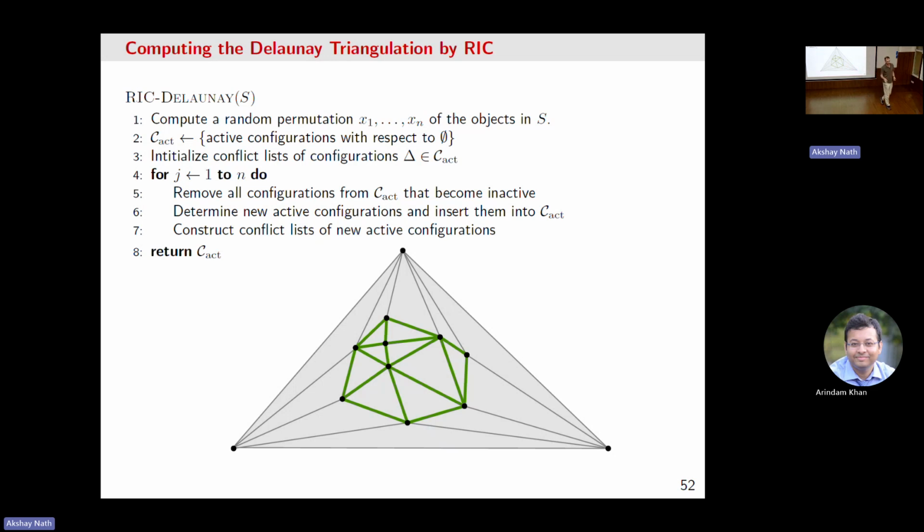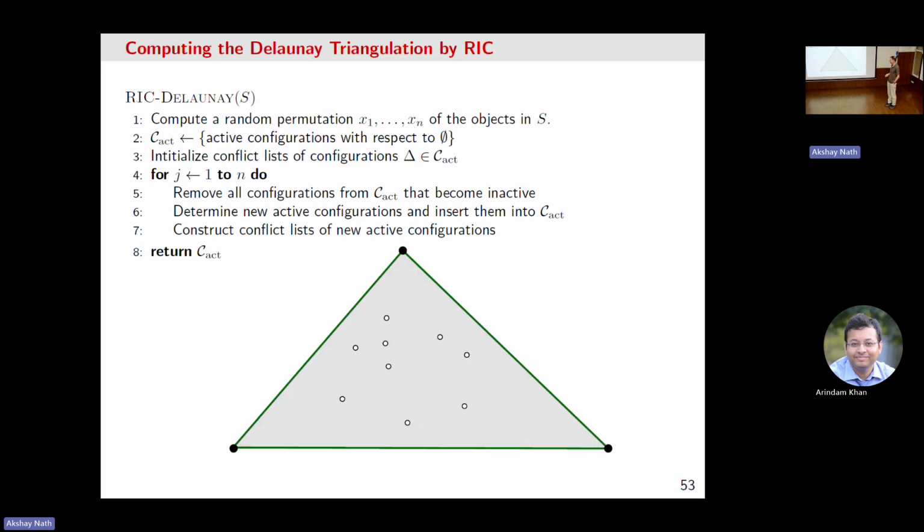Or you sort of try to artificially enforce that by saying, by definition, whenever you're checking whether a point is inside a disk, the answer should be no. So we start with a big triangle, and now the algorithm is quite simple.